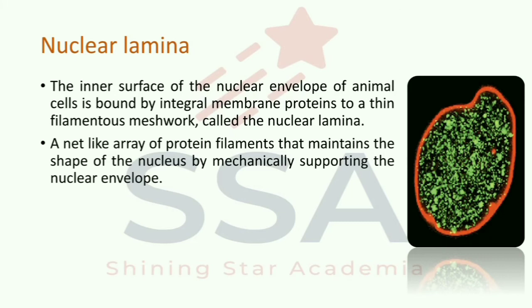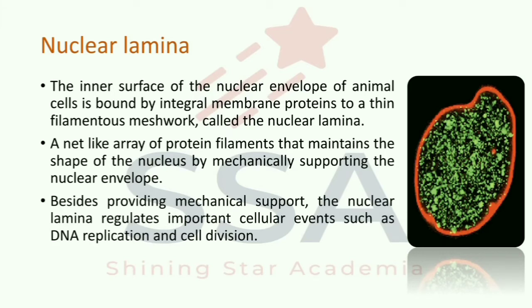It is a net-like array of protein filaments that maintains the shape of the nucleus by mechanically supporting the nuclear envelope. Besides providing mechanical support, the nuclear lamina regulates important cellular events such as DNA replication and cell division.